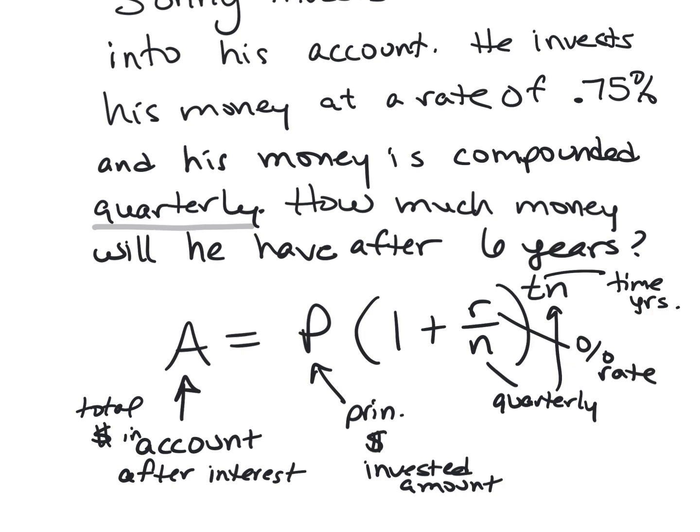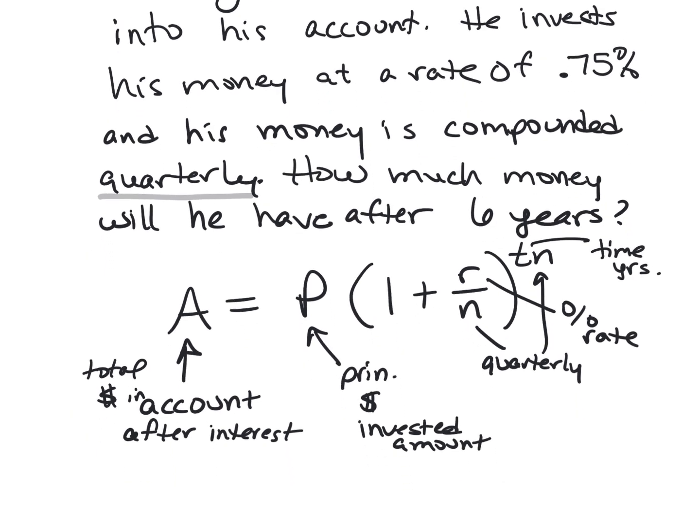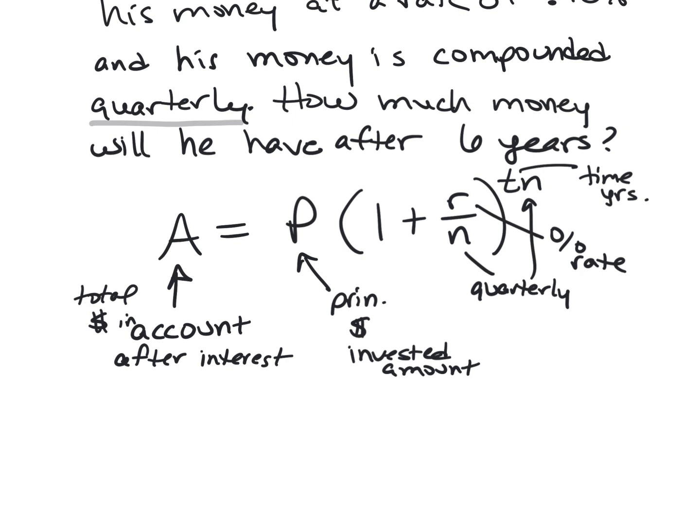So now what we're going to do is fill in our information. They gave us the P. The invested amount was $25,000. My R was quarterly, so my R is 0.75. Now this is percent.